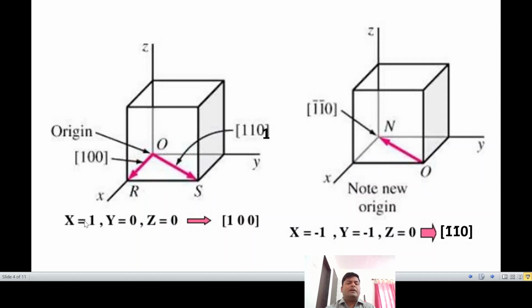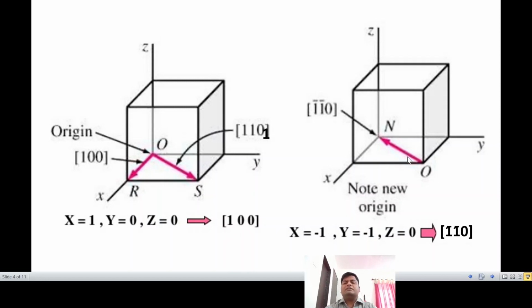So x will be 1, y will be 0, and z will be 0. These are the pqr distances, and the least integers will be the same, 1 0 0, so the direction OR can be represented in a square bracket as [1 0 0].